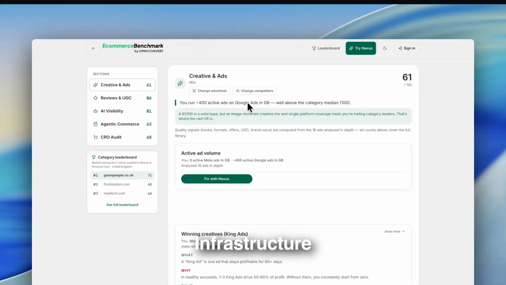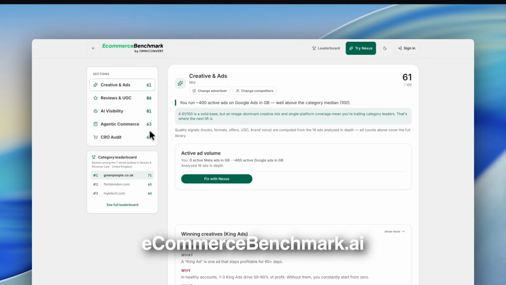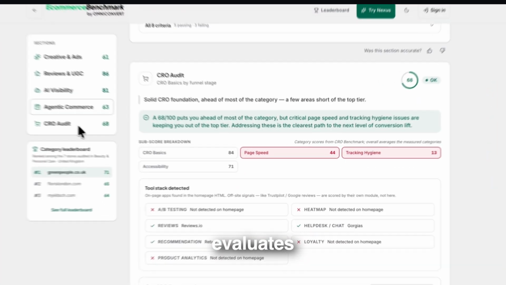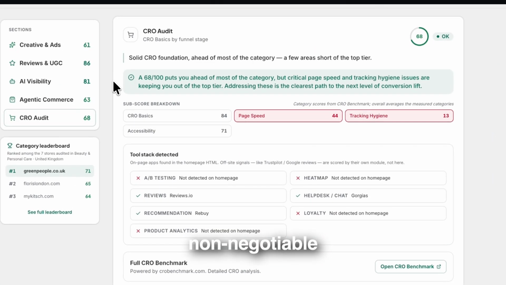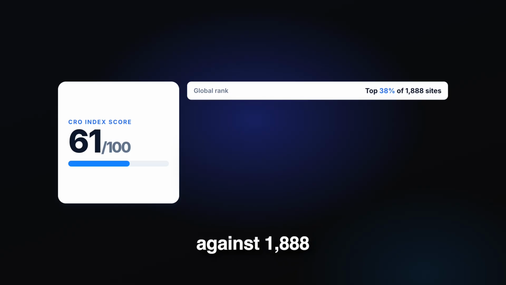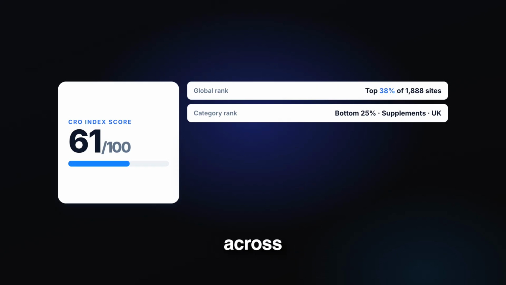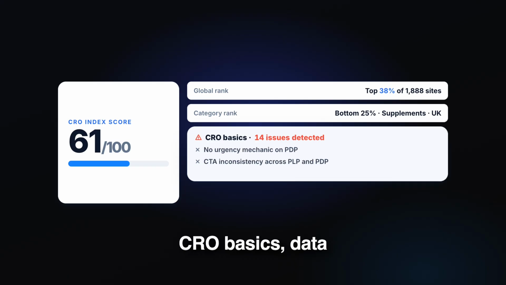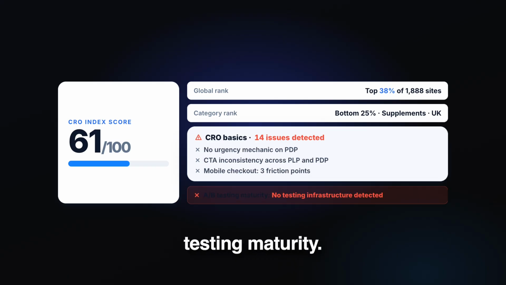The CRO infrastructure score inside e-commerce-benchmark.ai evaluates your store's non-negotiable UX and conversion principles against more than 3,000 real websites across 19-plus industries and 65 countries. The score covers CRO basics, data hygiene, and A/B testing maturity.